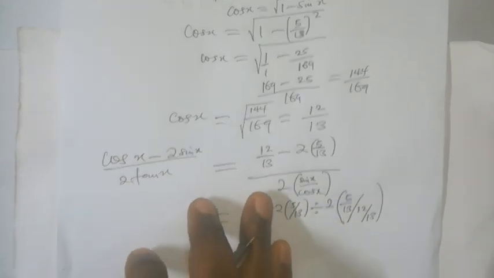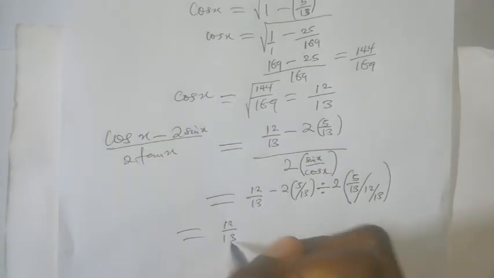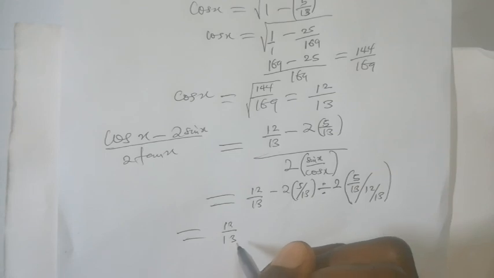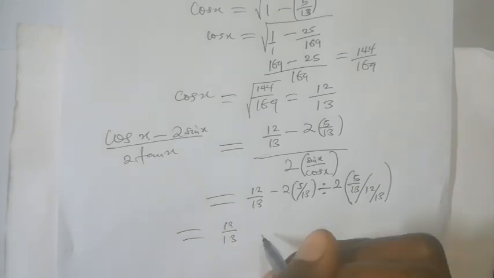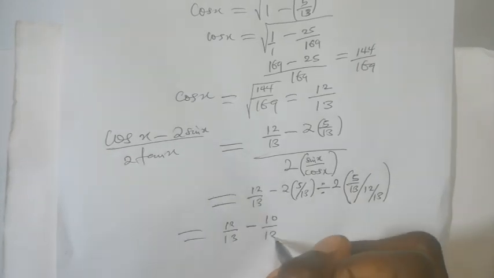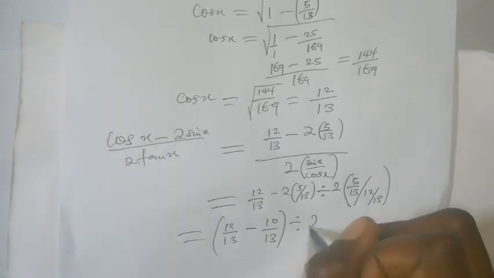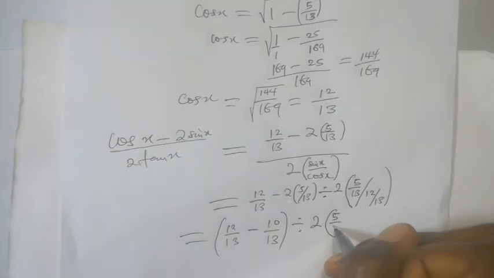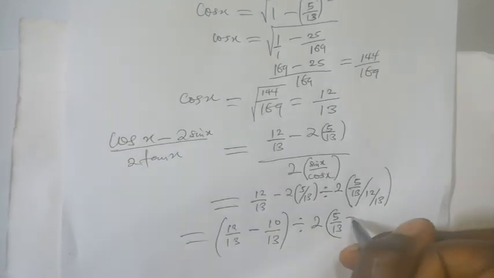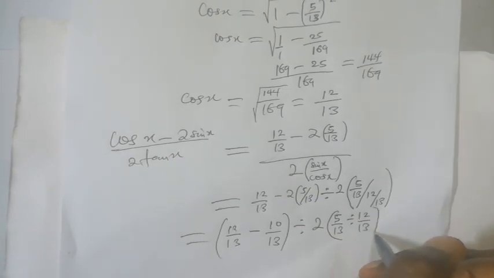You get it? So we now have 12 over 13 minus 2 times 5, which is 10 over 13, divided by 2 bracket 5 over 13. This is also a division, 12 over 13.